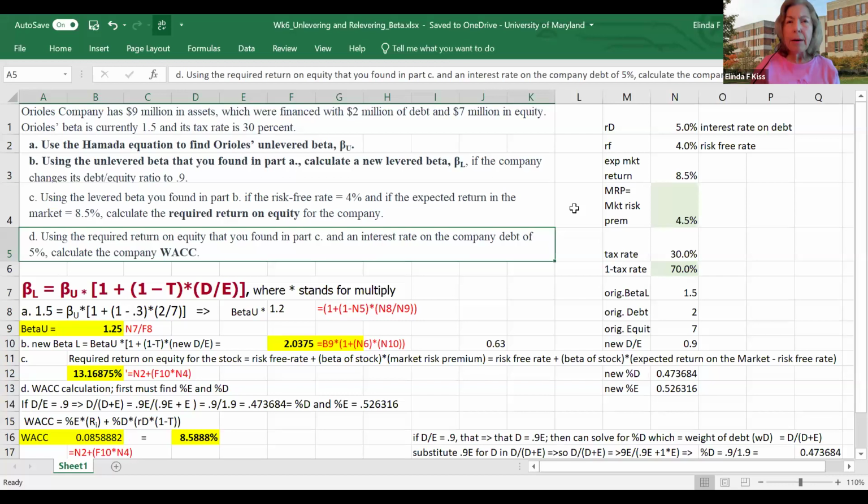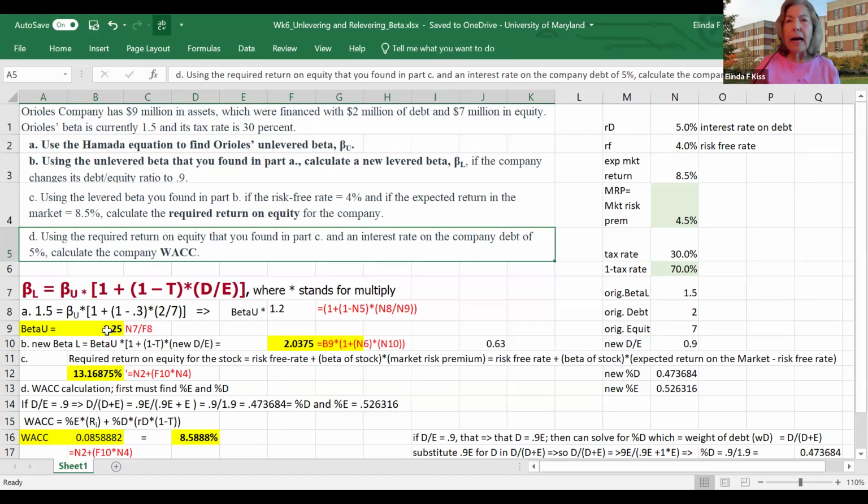Multiplying 0.7 by the original debt equity ratio of 2 divided by 7 gives us 0.2. Add 0.2 to the 1, and you see that in cell F8 and other places, 1.2. That's the term in the square brackets. Then we divide the original beta of 1.5 by it to calculate the asset, also known as the unlevered beta, of 1.25. You see that in cell B9.